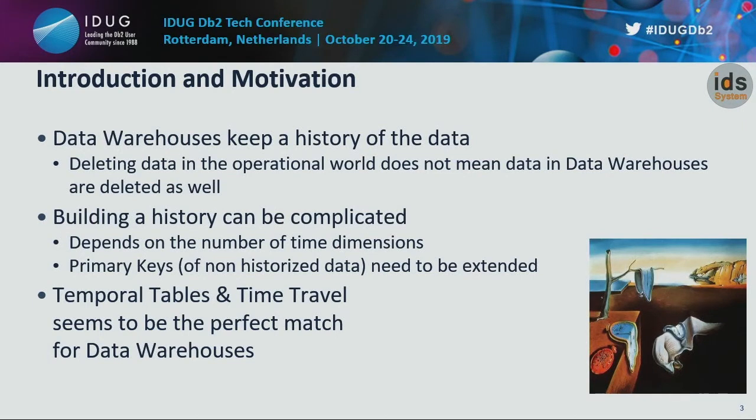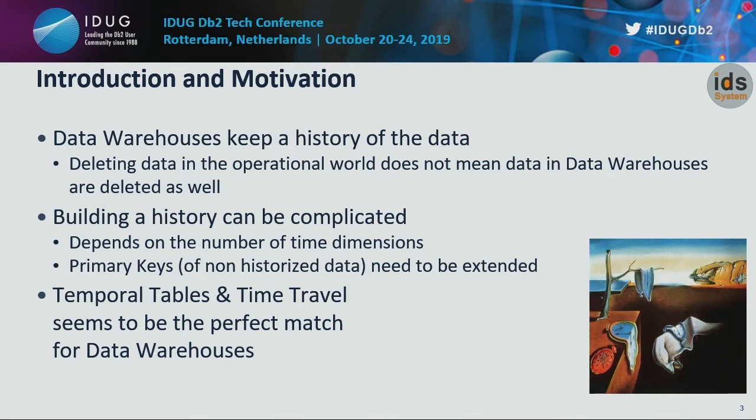And when time travel and temporal tables were announced and included in the product, back in 10.1, I thought, well, this sounds like a perfect match for me. This is a data warehouse feature. And it turned out later on I learned, well, it actually is not. It was not meant to be a data warehouse feature. They were really focusing on operational sources that had to store historic data as well, like an insurance contract and something like that.